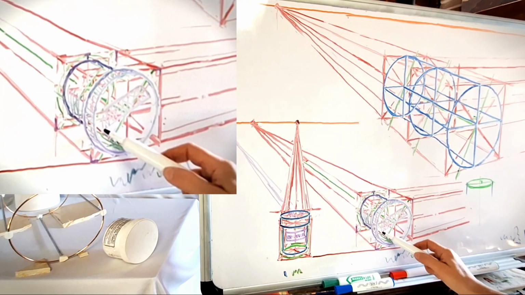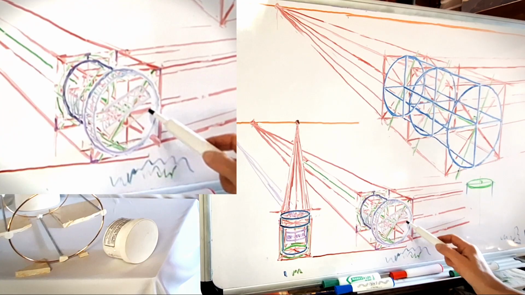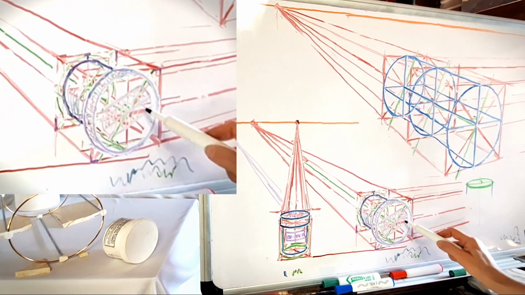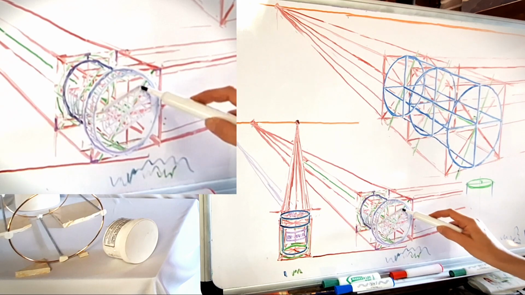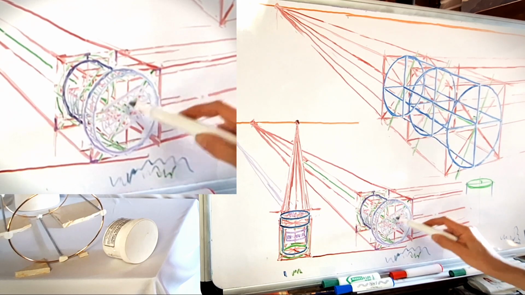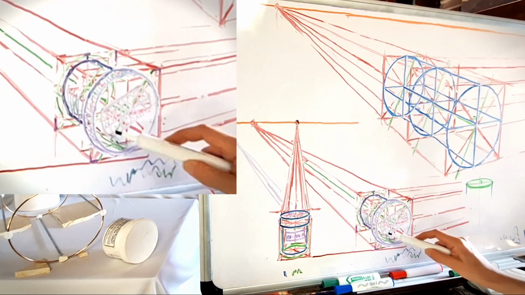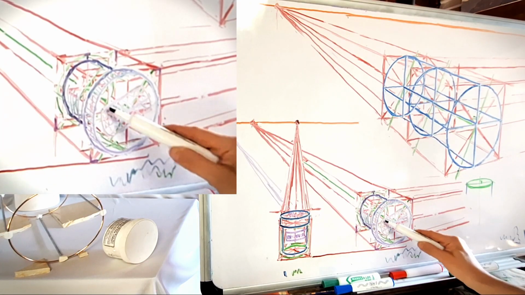If the label was on both sides of the center, you can do it this way as well. So your label would be here, stopping here, and if it's flat, cut off here and here.